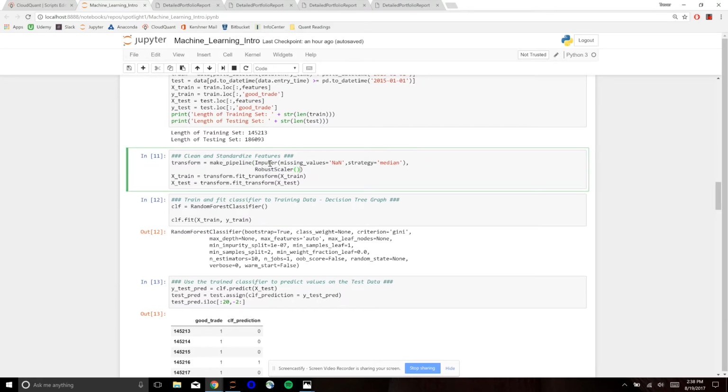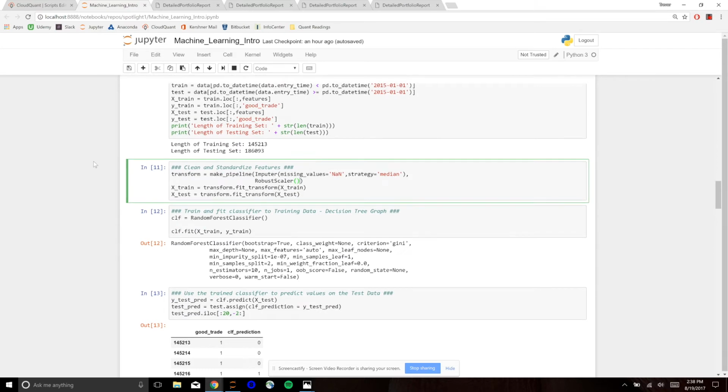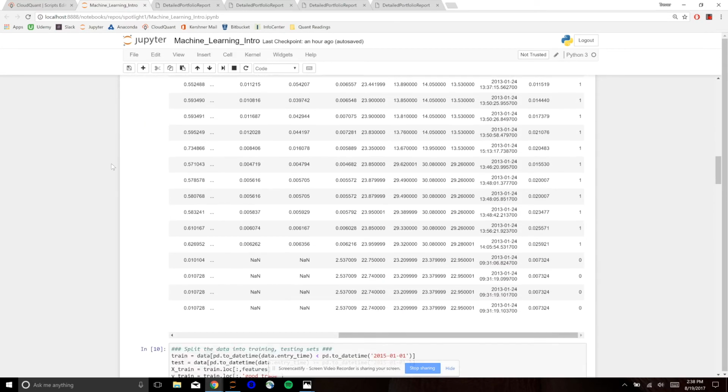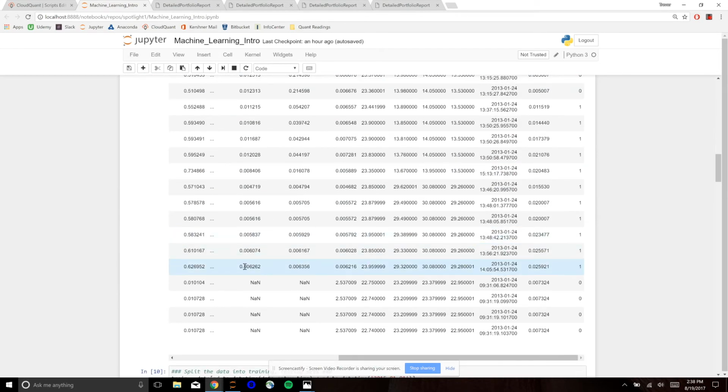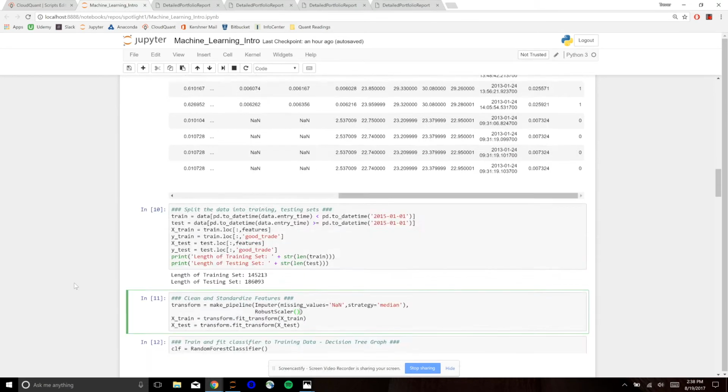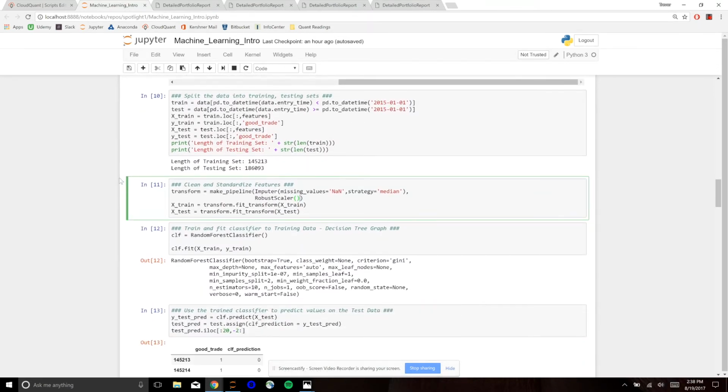The thing that we do need to do for every machine learning algorithm is we need to replace the Nan values. So if we go back up here, we can see that there are a couple of Nan values for some of our data points. And that may have just been because there wasn't any data available for that trade at that exact instance, or the variable that we created for some reason didn't relate to that specific trade for the current day.